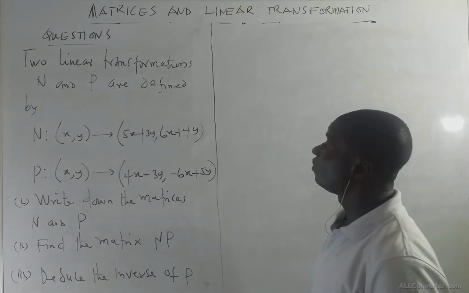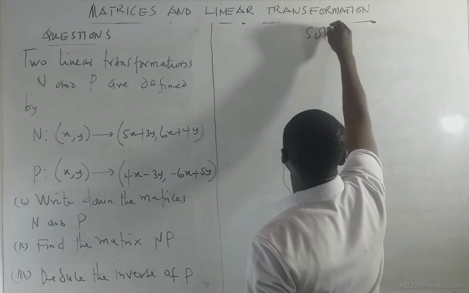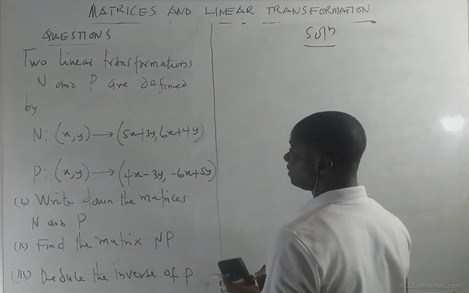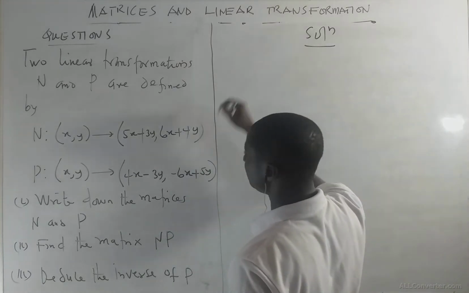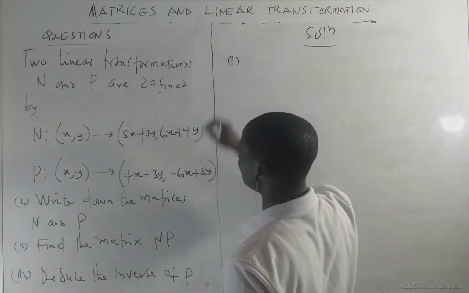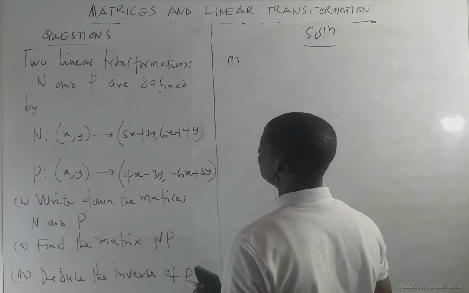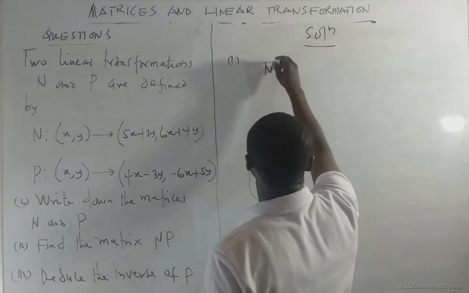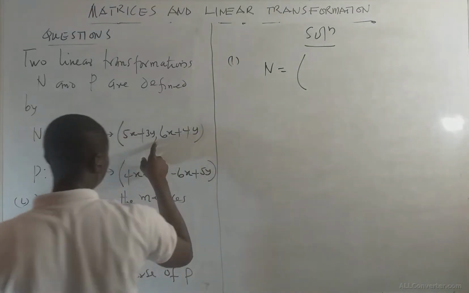So now I know you can write down a matrix when you are doing the linear transformation. So simple. When you look at the two transformations we are given, we have to write down the matrices N and P. So how do you write the matrix N? The comma will separate the first row from the second row.